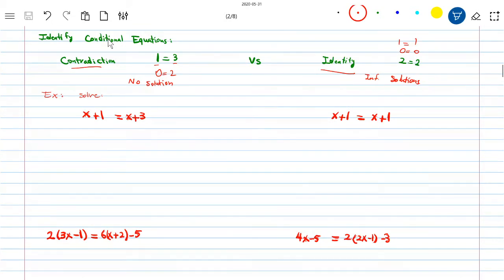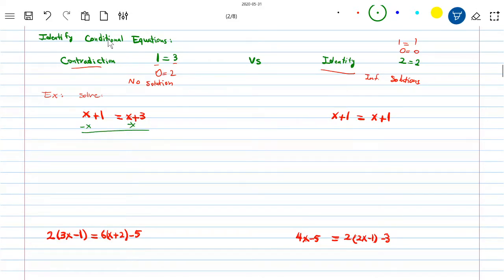So here, let's look at these two examples. Solve x plus 1 equals x plus 3. This is already simplified. There is no need to simplify anymore. What we can do is subtract the x from both sides by using the properties of equality.